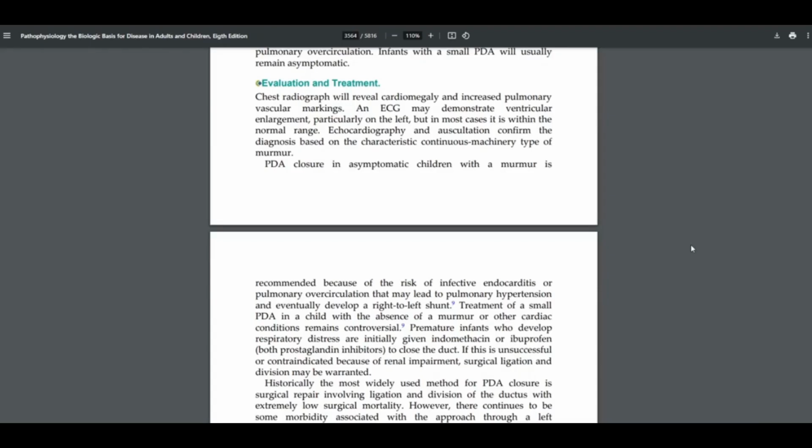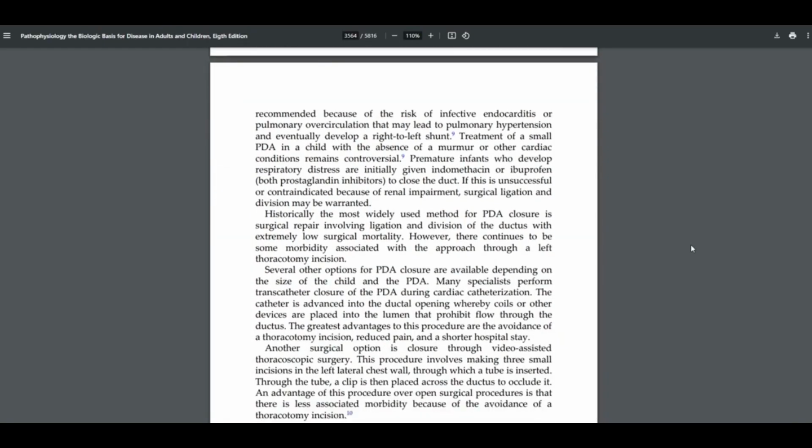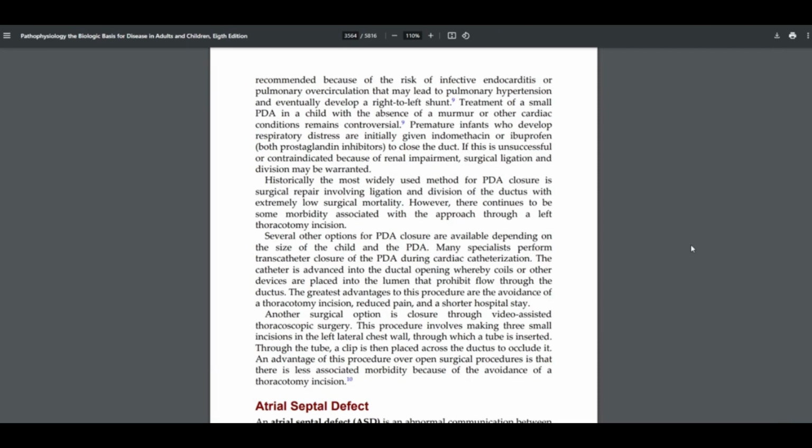Echocardiography and auscultation confirm the diagnosis based on the characteristic continuous machinery type of murmur. PDA closure in asymptomatic children with a murmur is recommended because of the risk of infective endocarditis or pulmonary overcirculation that may lead to pulmonary hypertension and eventually develop a right to left shunt.